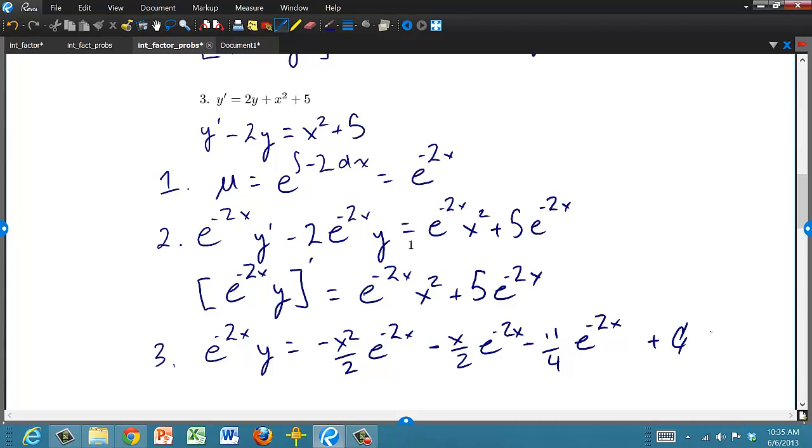Good. And now we just need to solve. So y is going to be equal to negative x squared over 2 minus x over 2 minus 11 over 4 plus c e to the 2x. And that's it.